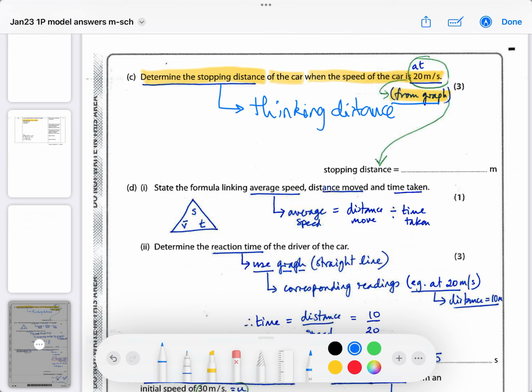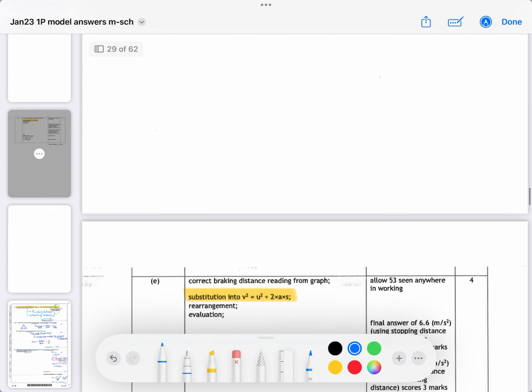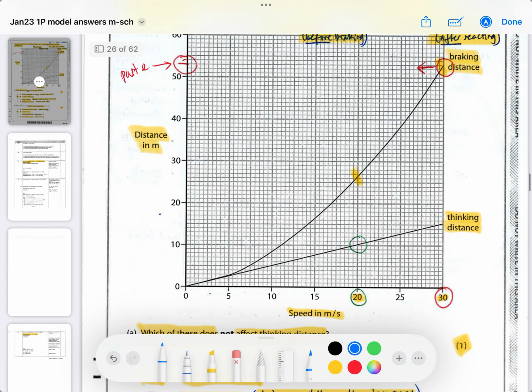So from the graph you've got to look at the thinking distance and the braking distance, and add them together to work out the stopping distance. We're looking at 20 meters per second, so we go back to the graph, and you can see at 20 meters per second you need this value and this value to work out the total stopping distance.